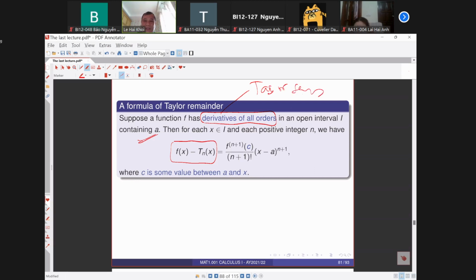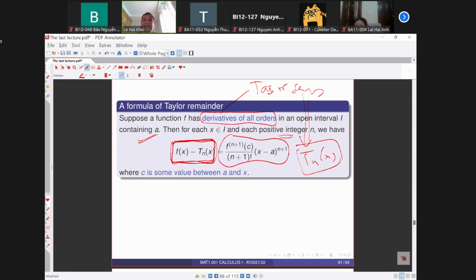Then you can have Tn(x) as Taylor polynomial. But the Taylor series is not f(x). Then you can think about the difference between f(x) and Tn(x). And the statement says that for each positive integer n, this difference can be computed by such a formula.